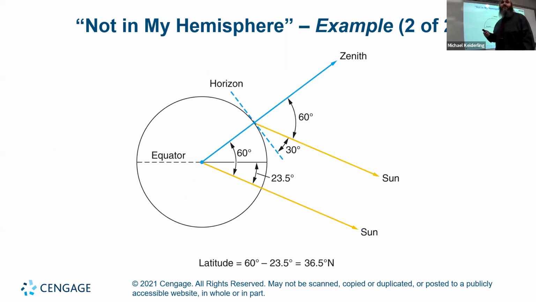So here, for example, 23.5 degrees here, 60 degrees from the sun to the zenith. And you have to subtract the 23.5 degrees to measure from 0 to the zenith.